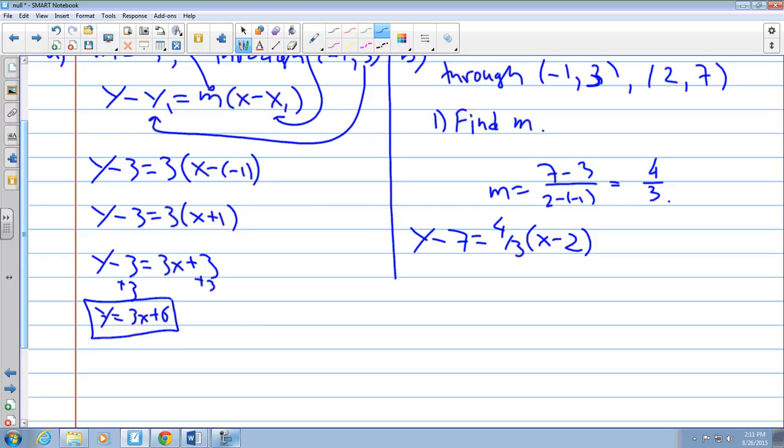So then simplify this a little bit. So it's 4/3 x minus 8/3. Right? And then add 7. What do we get?